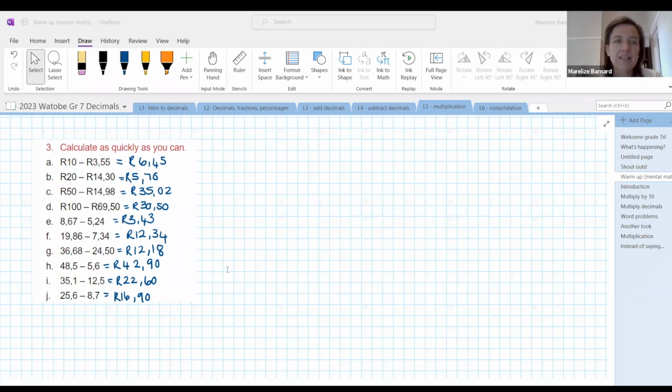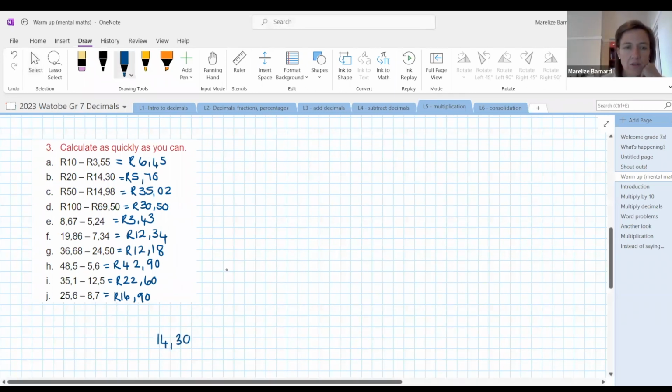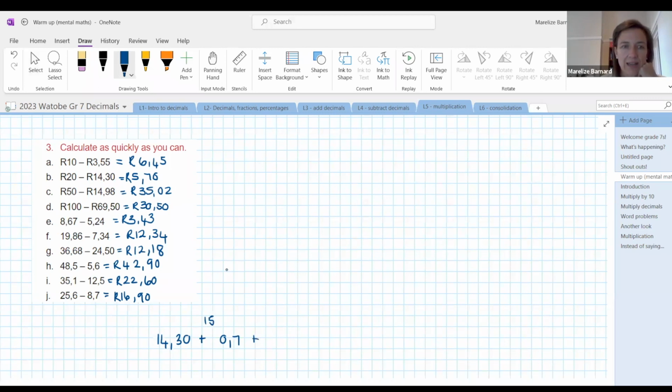So you could have done it by counting up from 14 rand 30 to 20. You could have said plus 70 cents, that will give me 15, and then I have to add another 5 to get to 20. So that's one way you could have done it mentally.